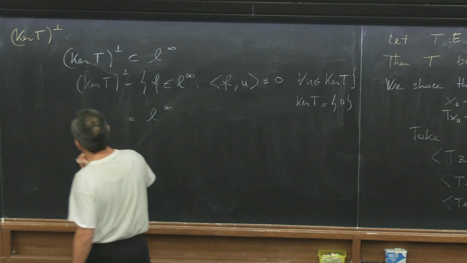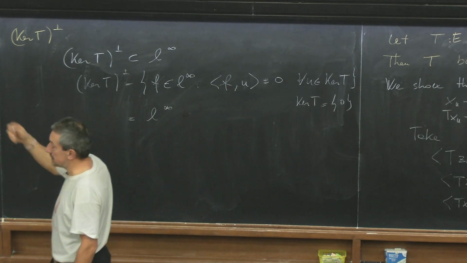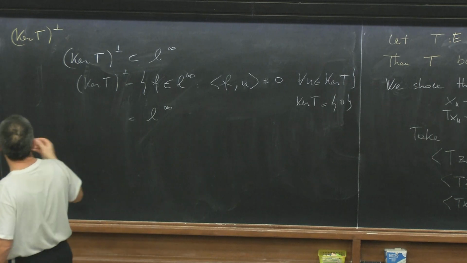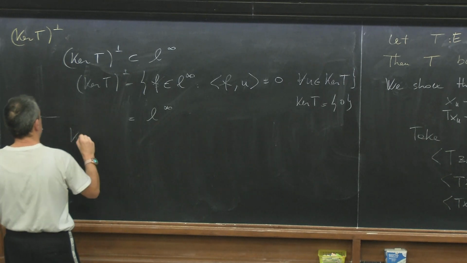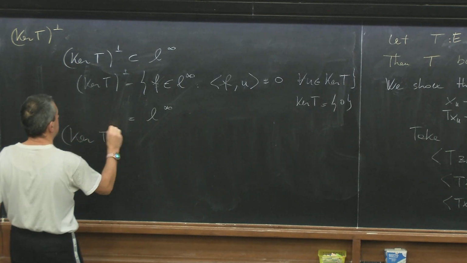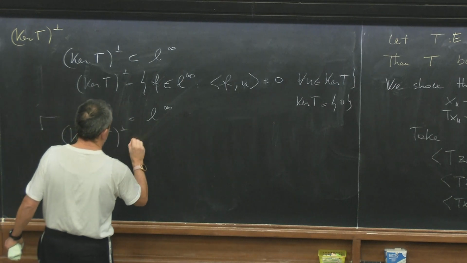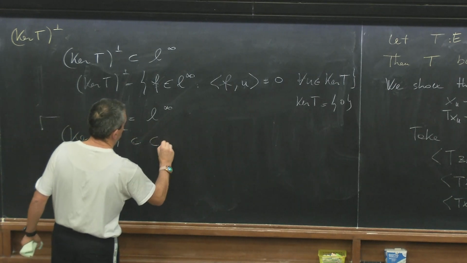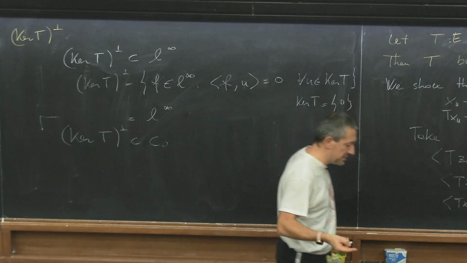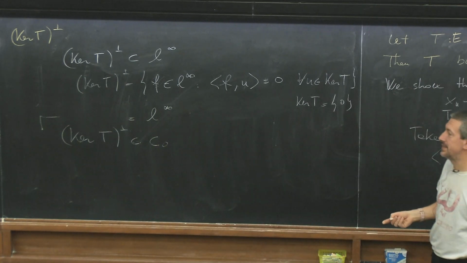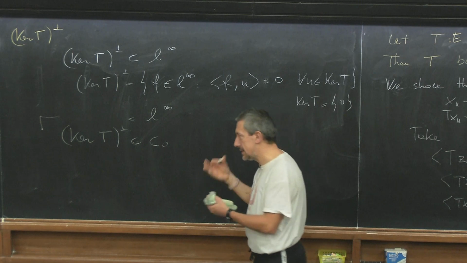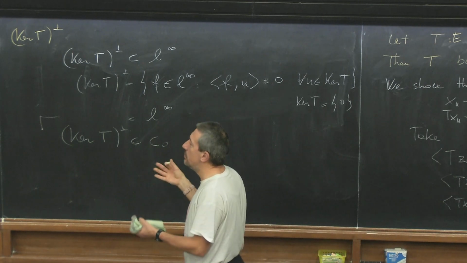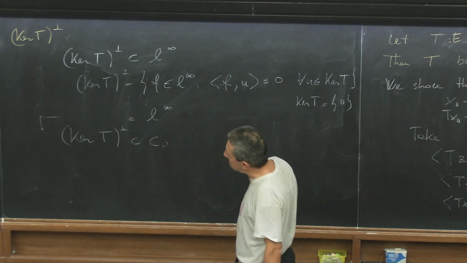And on the other hand, if I consider instead the kernel of T as a subspace of C0, because I know that the dual of C0 is L1, in this case it's not that clear.